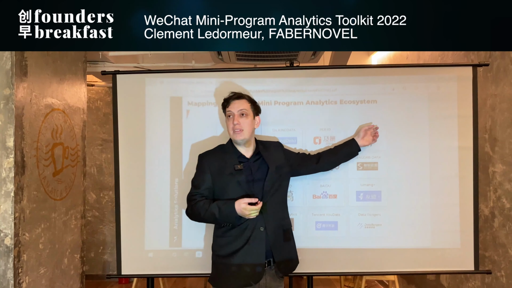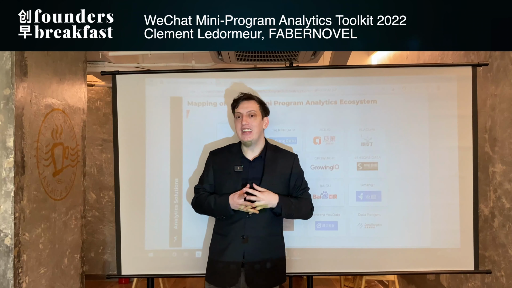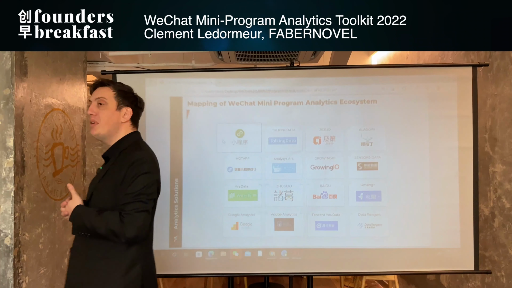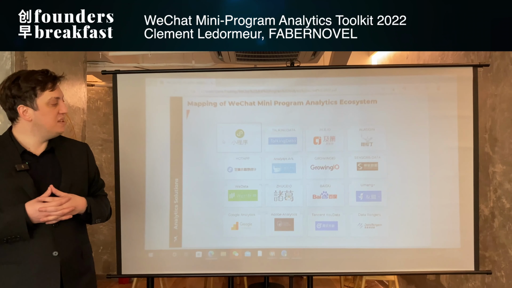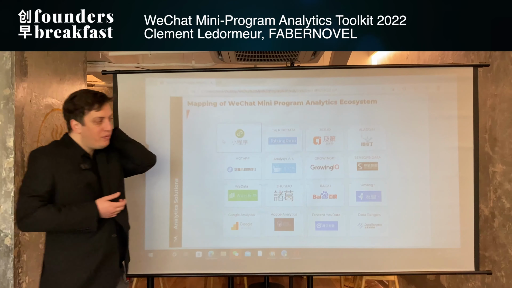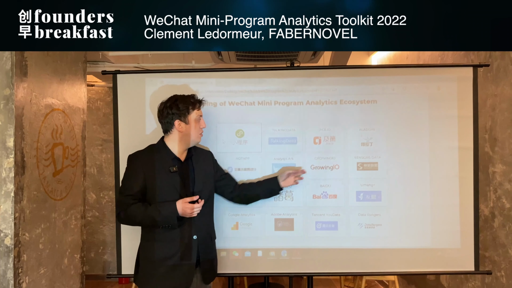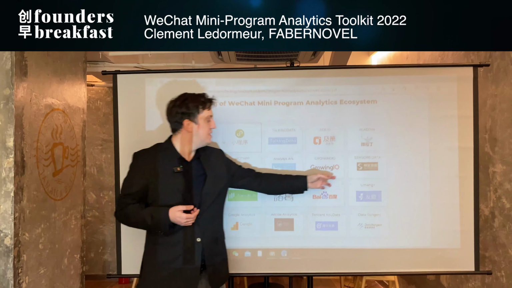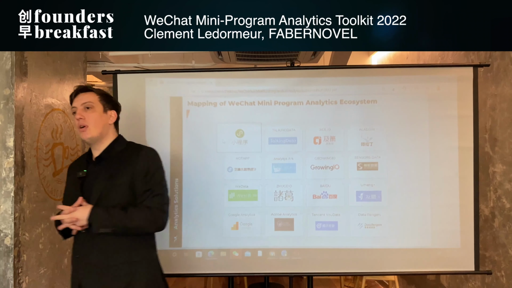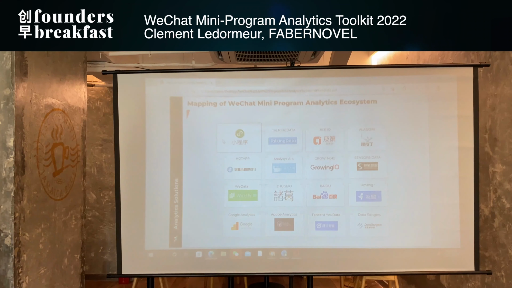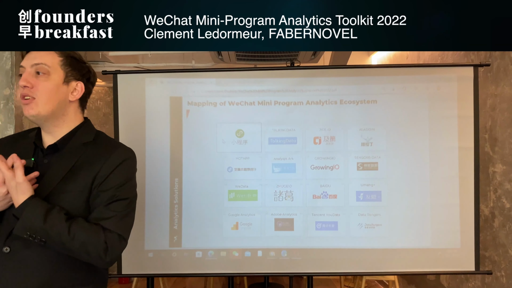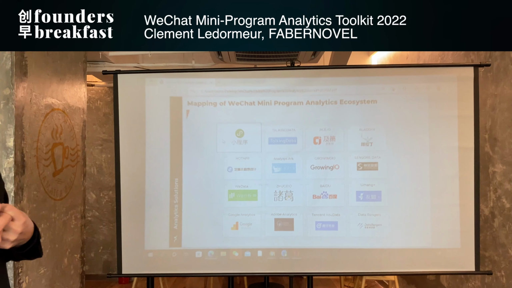We use this one that was free at the beginning and then became freemium. There are plenty of very popular solutions in the market. Growing.io, for example, is very popular. Sensors, Juger. These are all very popular analytics solutions. They all do pretty much the same thing, which is allowing you to analyze and optimize your performance on mini program.